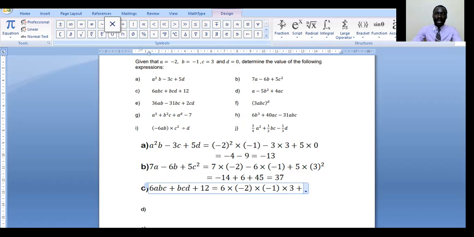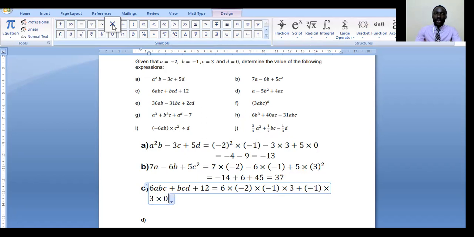B is negative 1, so we are going to be having negative 1 right there. That is for B. Then for C, we are going to have rather 3. So the value of C is 3. And what's the value of D? Well, the value of D is 0.